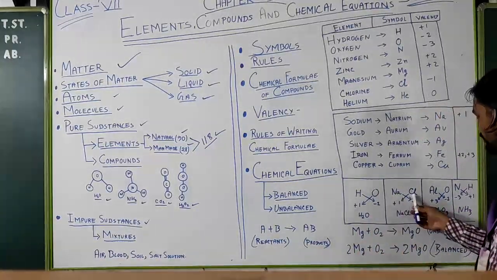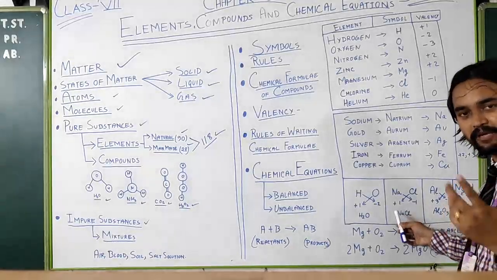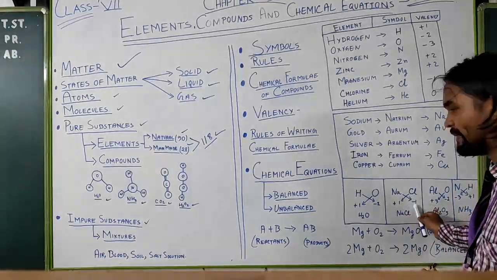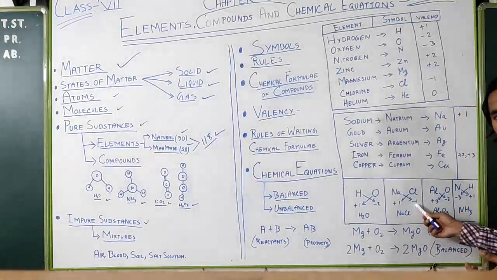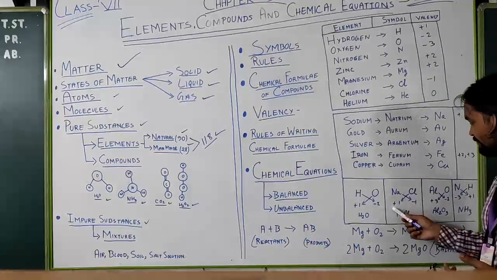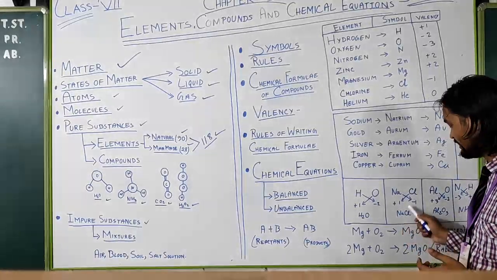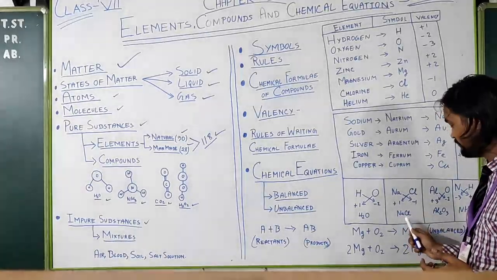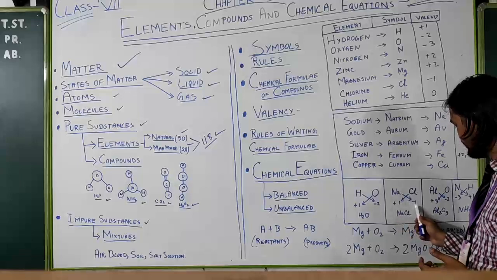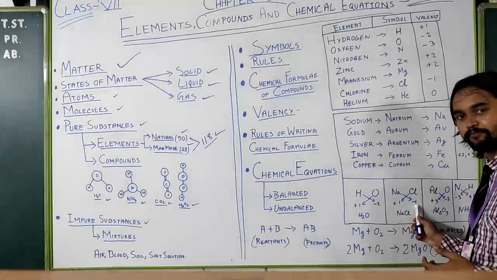In case of sodium chloride, sodium has the valency of +1 and chlorine has the valency of -1. So sodium must be written in the first position and chlorine in the second position. The valency of sodium and chlorine is +1 and -1.